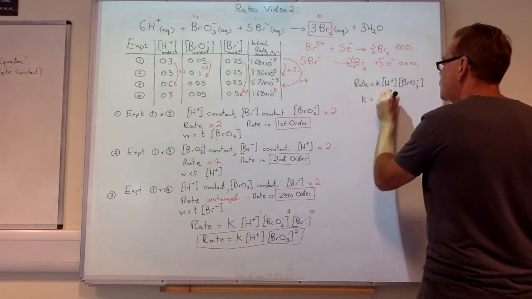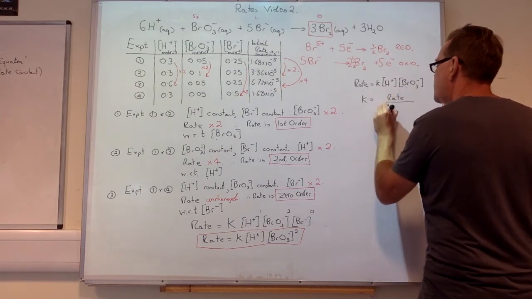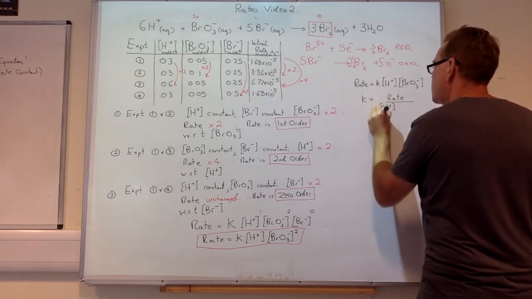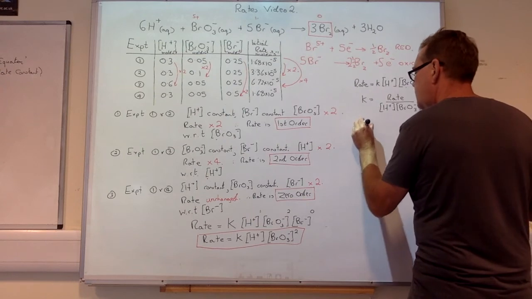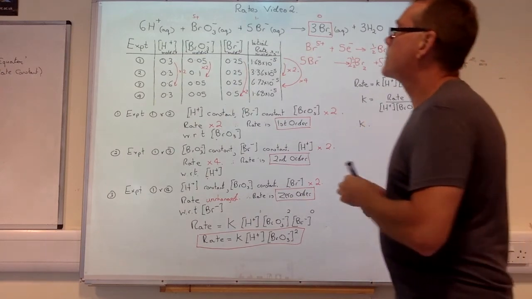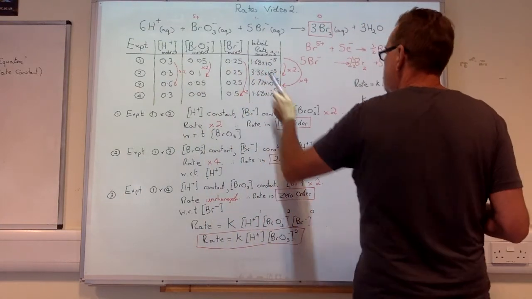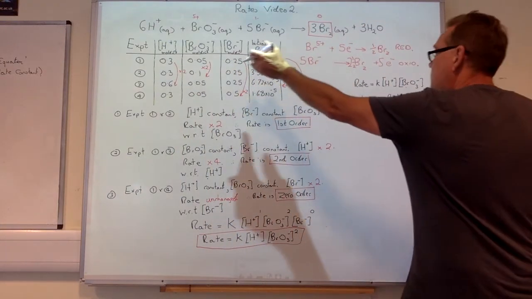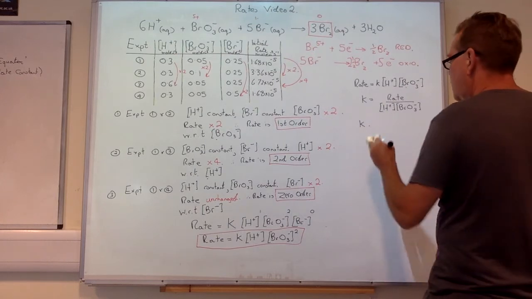K equals rate divided by H plus, the BrO3 minus. Right there. Take a line. Rate. Just do the top line. Like I say, you can take any line you like, and you should get the same value for K. Okay, so try it.